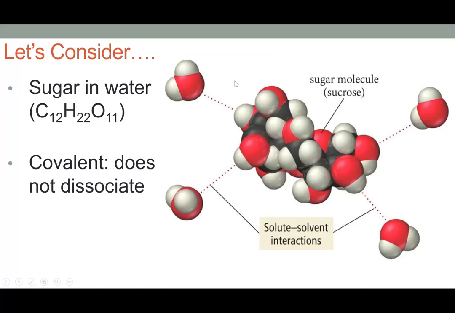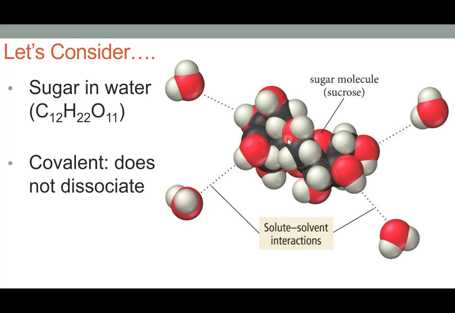Here's a picture of that. This big molecule in the middle is our sugar molecule, and the little ones on the outside are our water molecules. When I put a sugar molecule into solution, it does not break apart. It stays together as this big molecule.